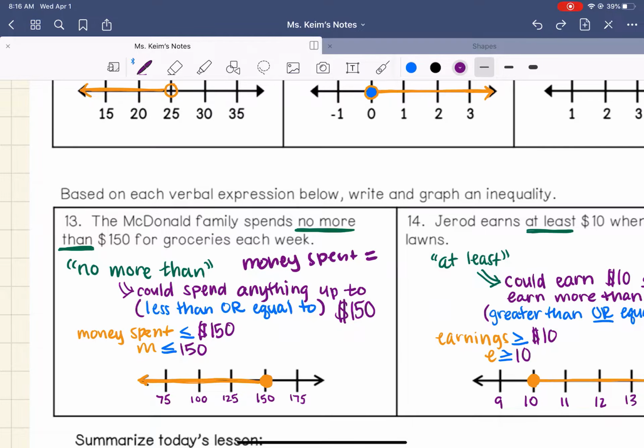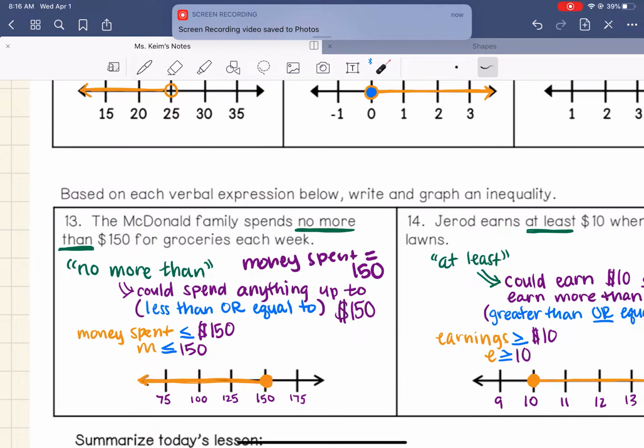This isn't the only solution. The money spent is not going to be just equal to 150. It says they spend no more than 150. So that means they could spend anything up to 150, okay? So the solution is not just represented by 150, it's represented by all the numbers less than 150.